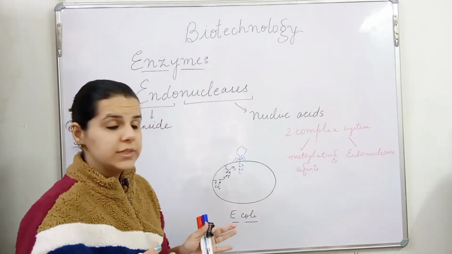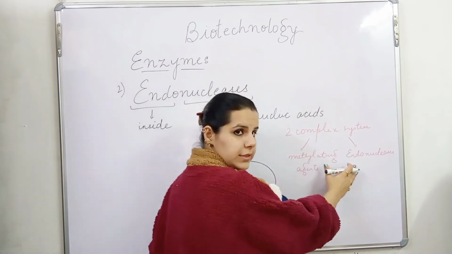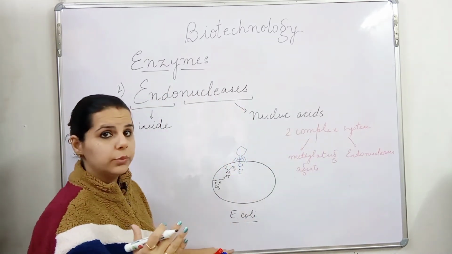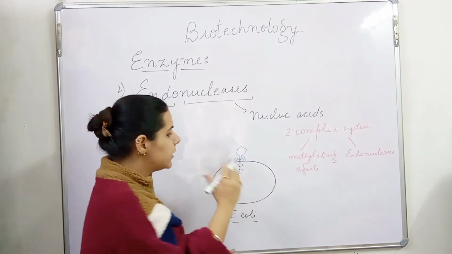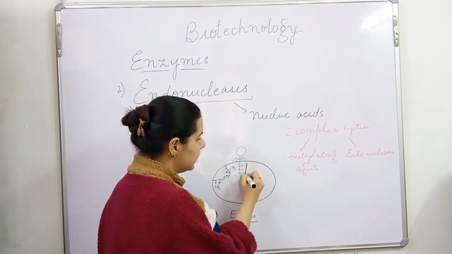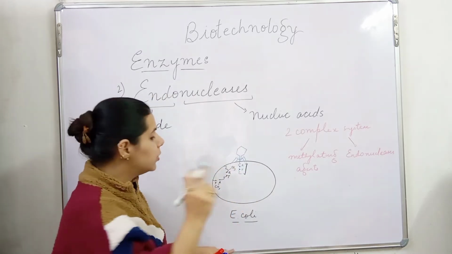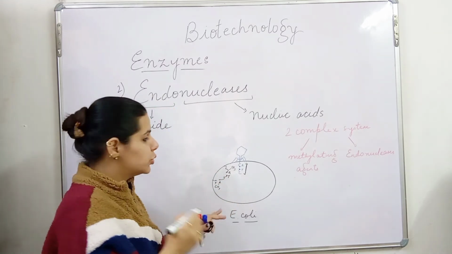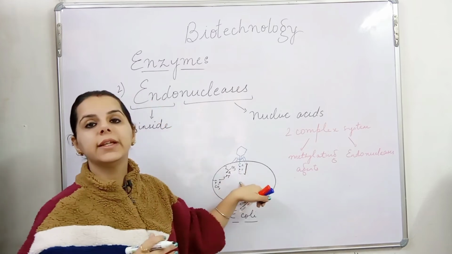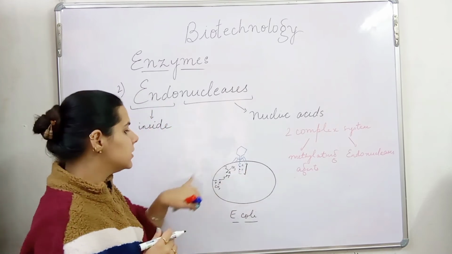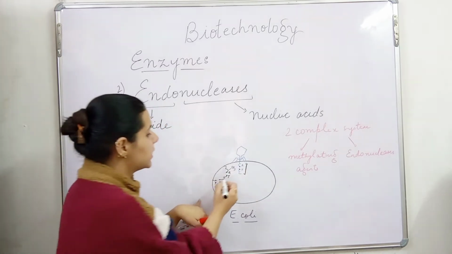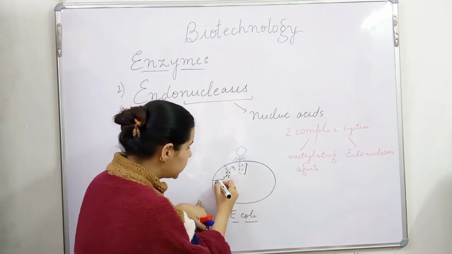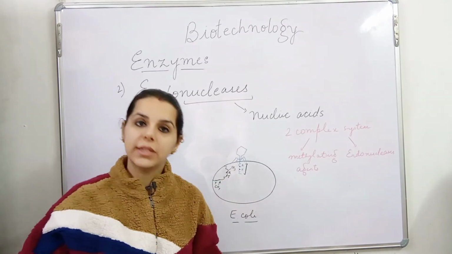So now when the endonuclease tries to break down the viral DNA, it will recognize this AT base pair, but it will not recognize these methylated ones. So it is only going to break the viral DNA and is not going to affect the bacterial DNA, because the bacterial DNA is already methylated.